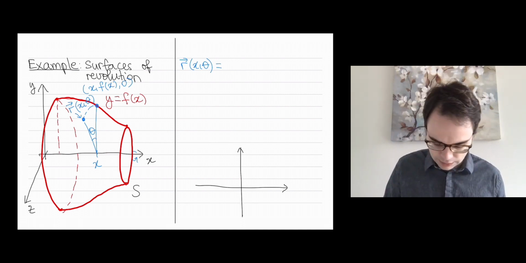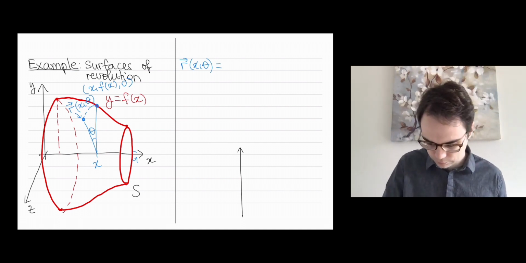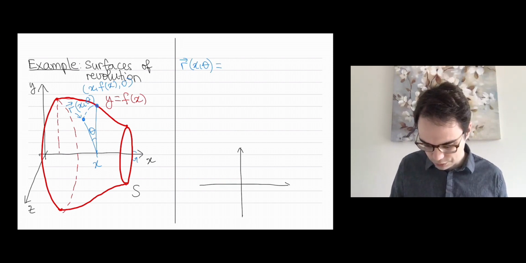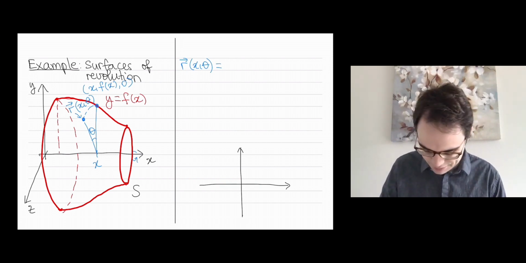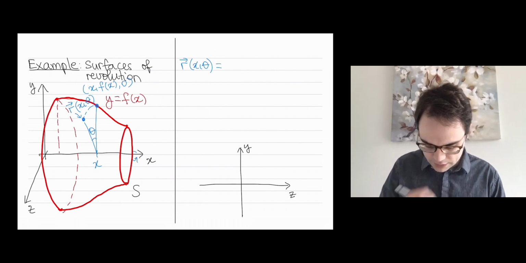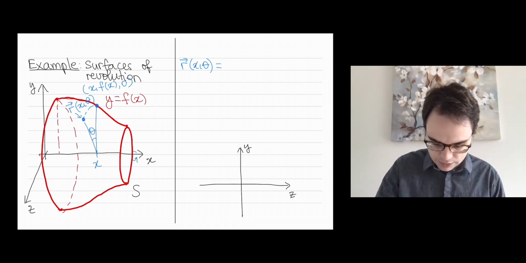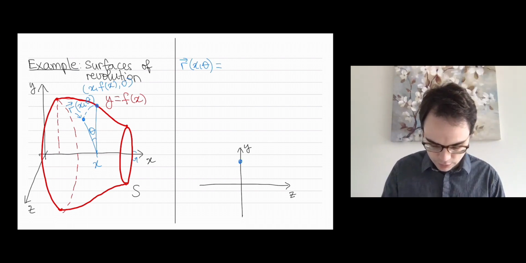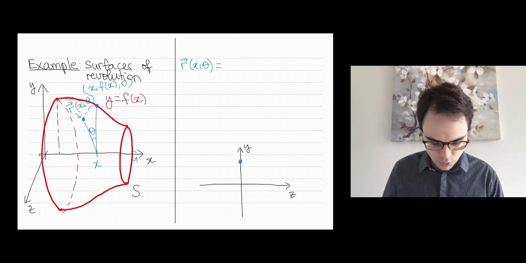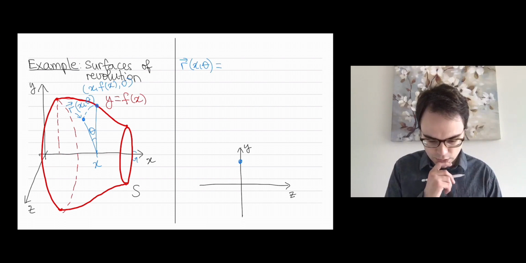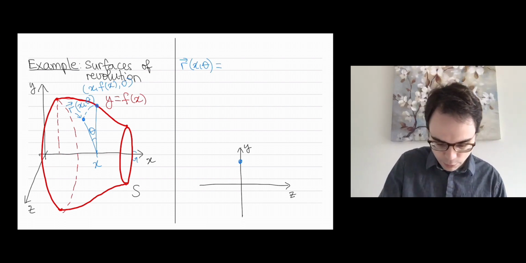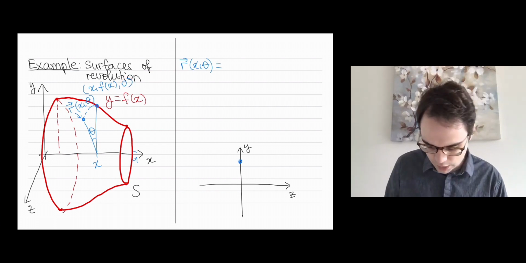Okay, I should be less careful with the pictures. So here's the YZ plane, and I start with a point. At this point over here, y is f of x and z is 0.